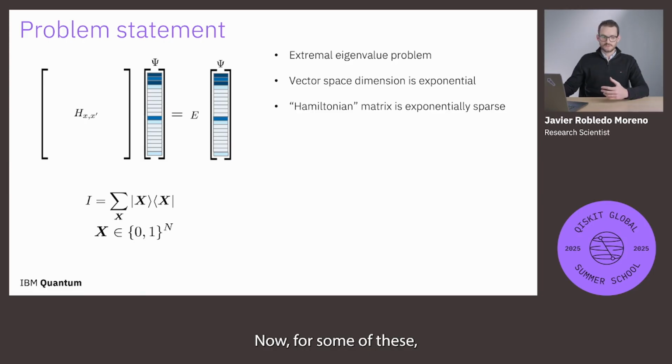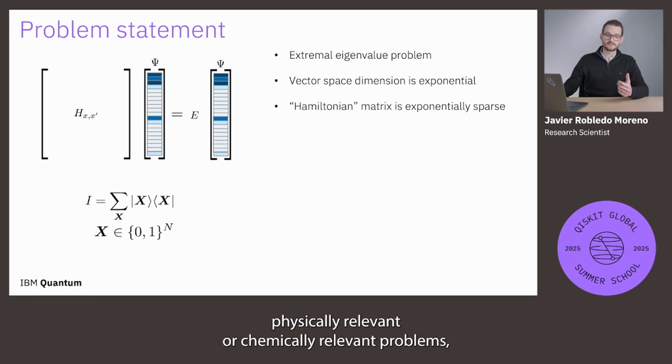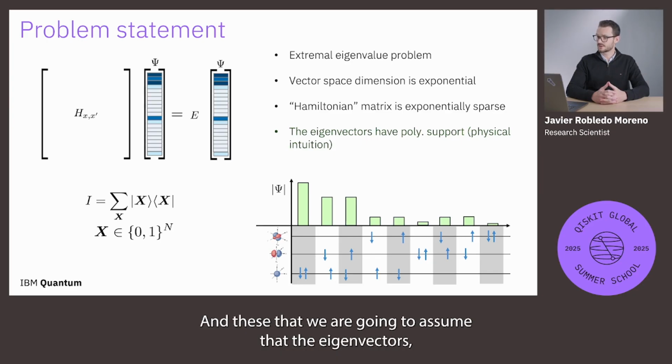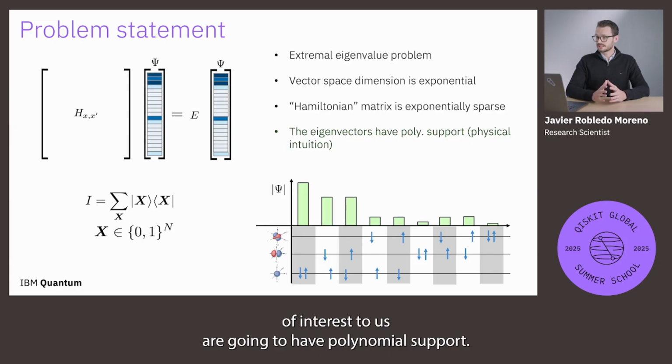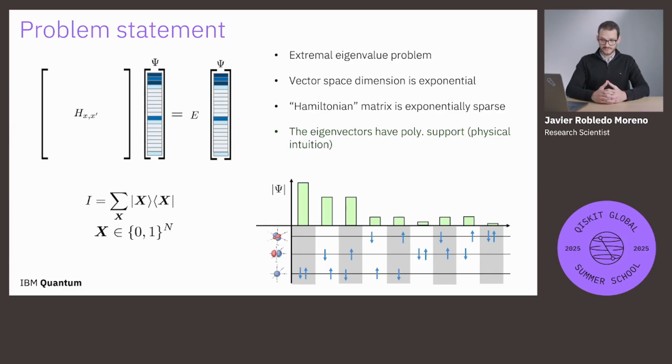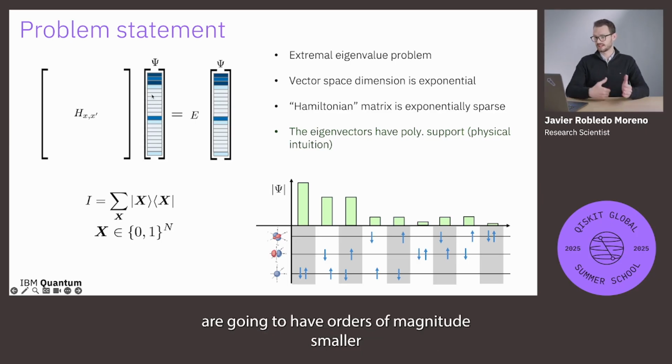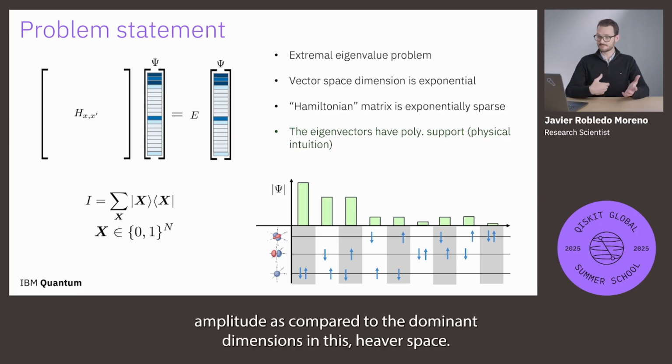Now, for some of these physically relevant or chemically relevant problems, we're going to use an additional assumption: that the eigenvectors of interest to us have polynomial support. That means that an exponential number of their components have orders of magnitude smaller amplitude as compared to the dominant dimensions in this Hilbert space.